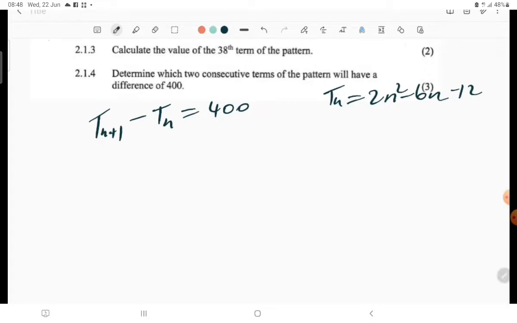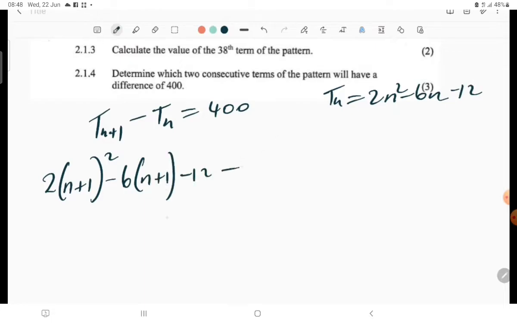So in the place of n we insert n plus 1. We have 2 times n plus 1, remember it is being squared, then minus 6 times n plus 1, then minus 12.